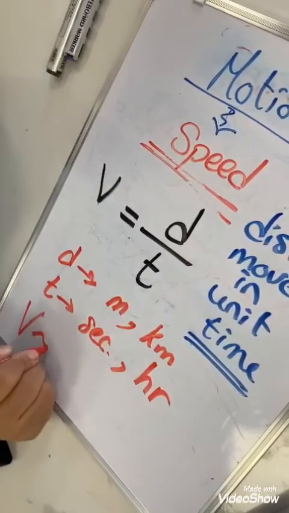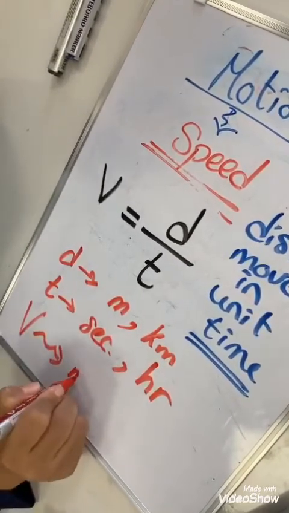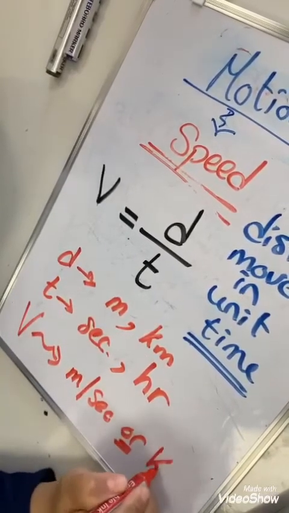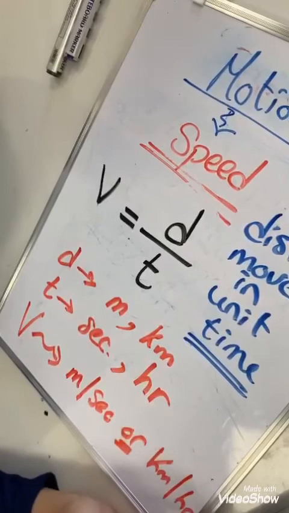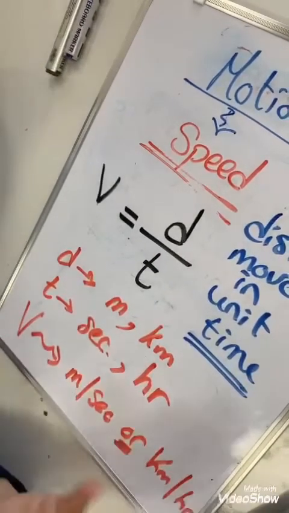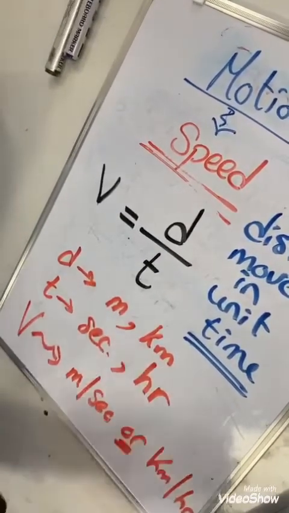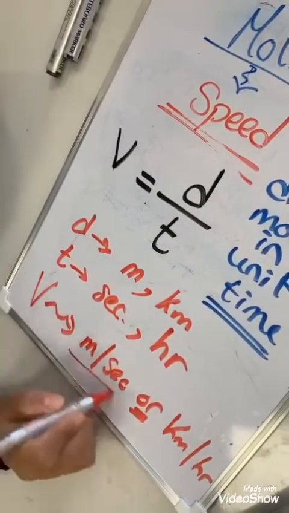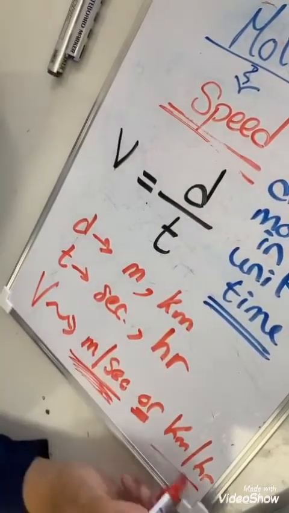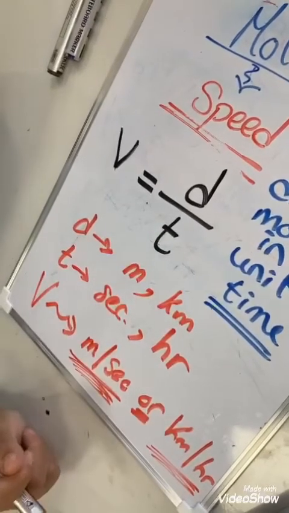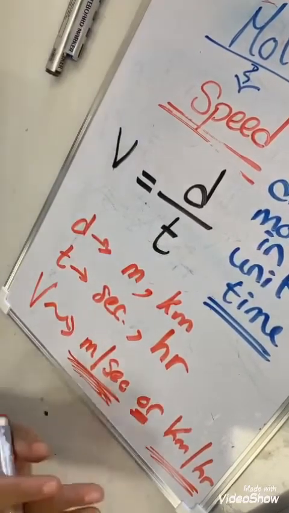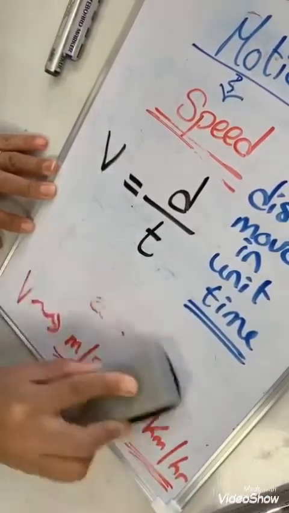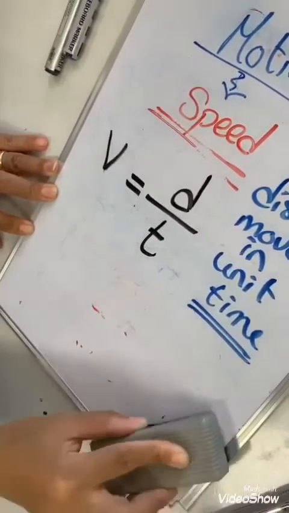So V, which is speed, will be meter per second or kilometer per hour or meter per minute or kilometer per minute. You have many units for speed, but the most commonly used are kilometer per hour and meter per second. Right, let's see now how to use the rule.